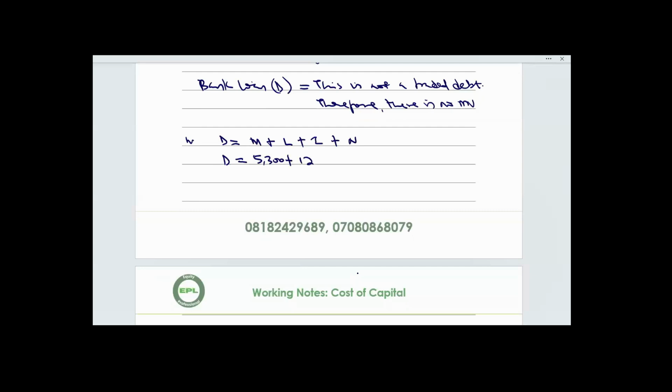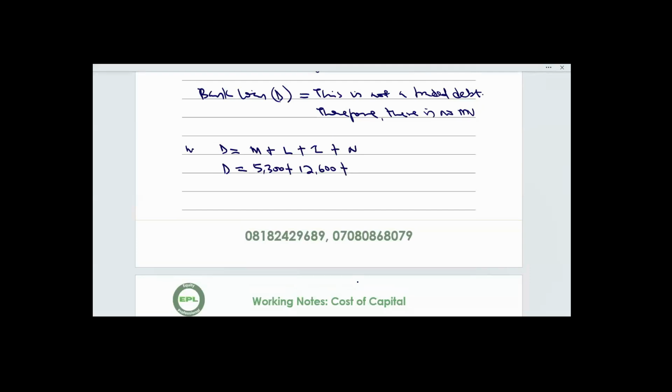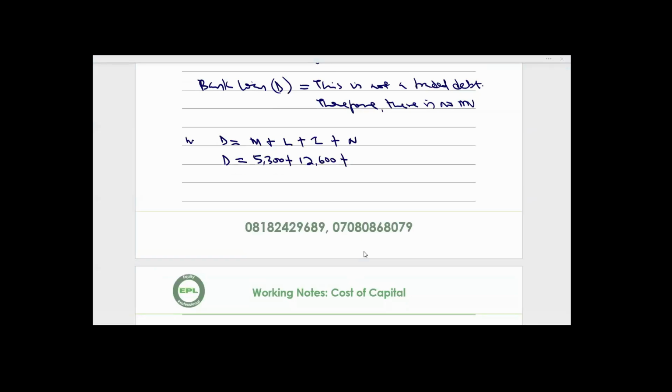Limpopo is 12,600, plus Zambezi, 18,200, plus 4,000.